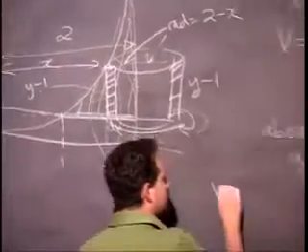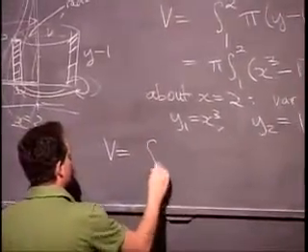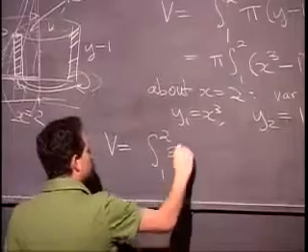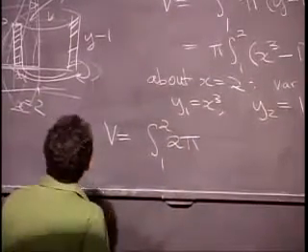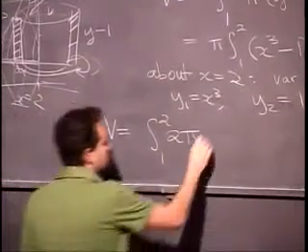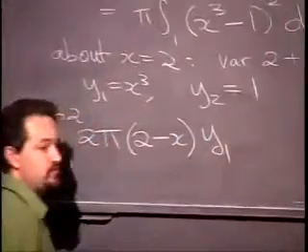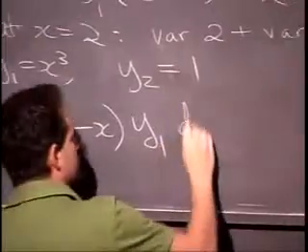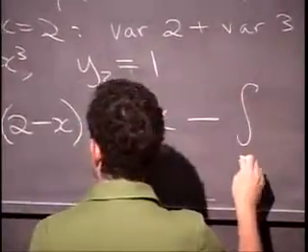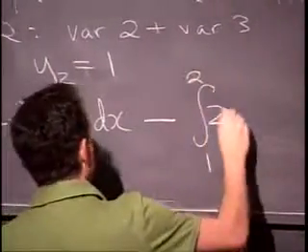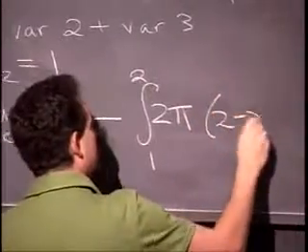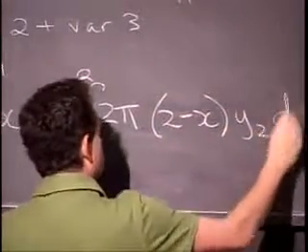So anyway, the volume is going to be the integral from 1 to 2 again of 2 pi, okay, instead of the x, I've got to place 2 minus x, and I'll take the upper curve first, y1, and I'll subtract the bottom curve. I'll just put them both here, 2 pi, 2 minus x, y2.